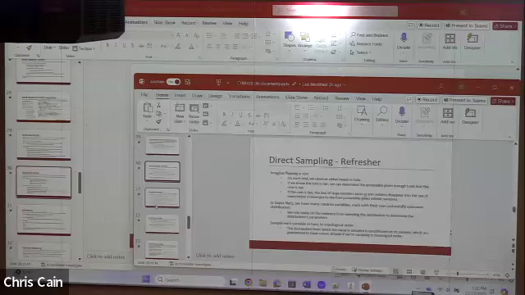Sometimes you don't know what the associated probabilities are, so you have to sample that experience directly and then build a model based off of the evidence that you see.